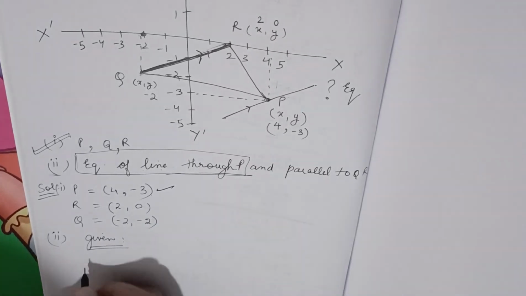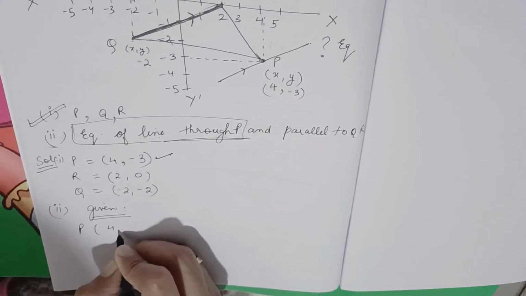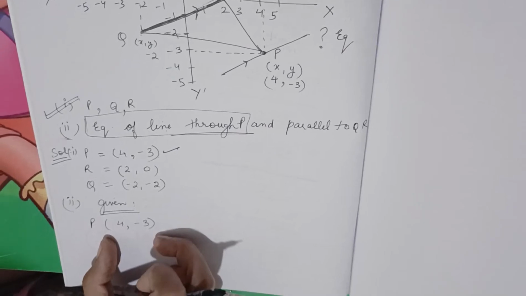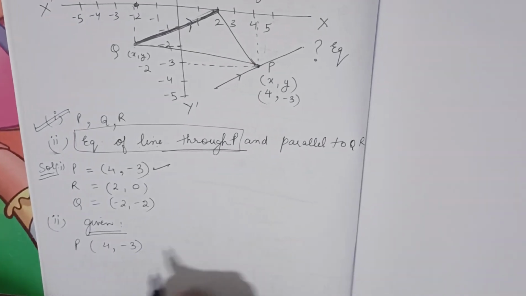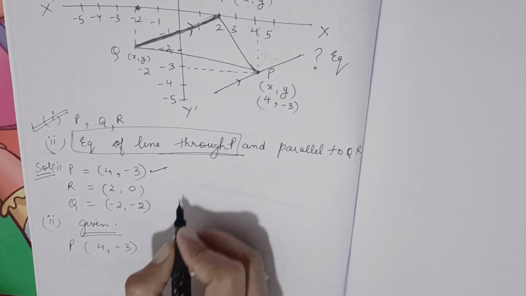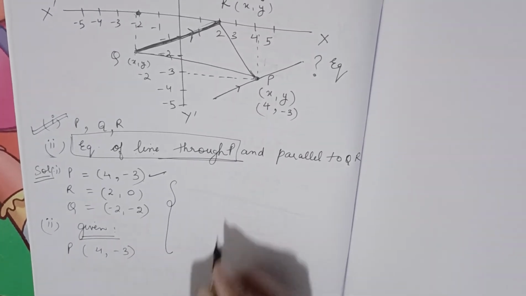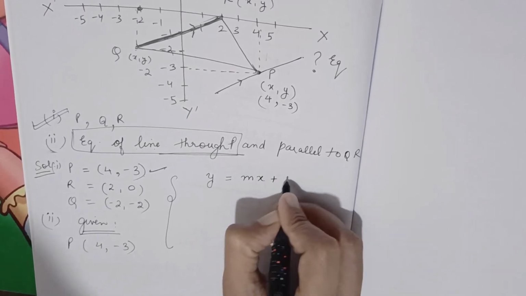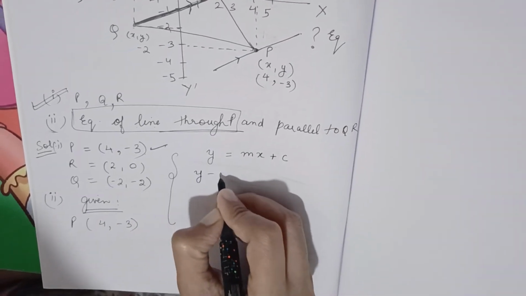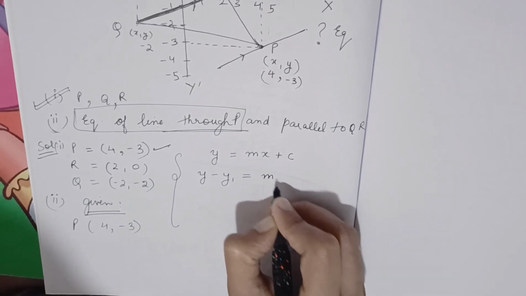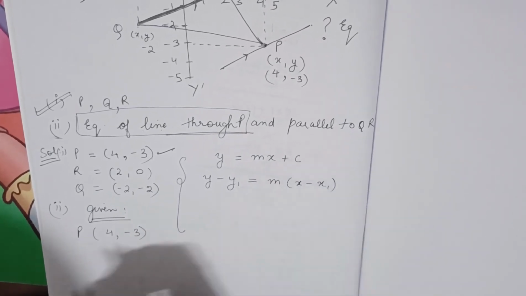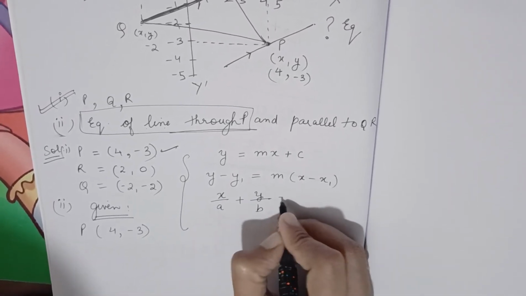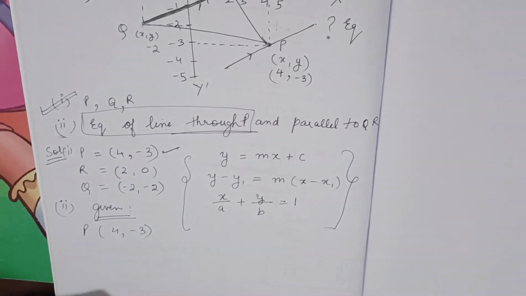So we know the coordinates of P. When we know the coordinates of P, I have already explained in my previous video that we have to focus on what is given to us, then use any form of the equation of a line. Three forms I have told you. First is y equals mx plus c. Second one is y minus y1 equals m into x minus x1. Third one is x upon a plus y upon b equals 1. So these three forms are the equations of a line.